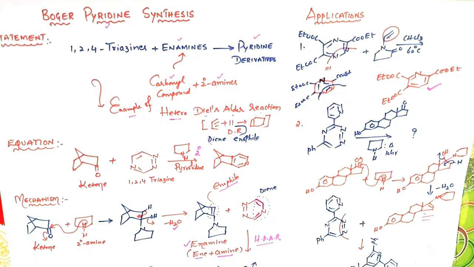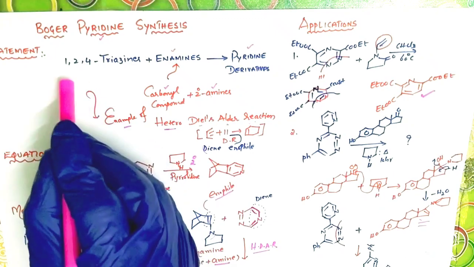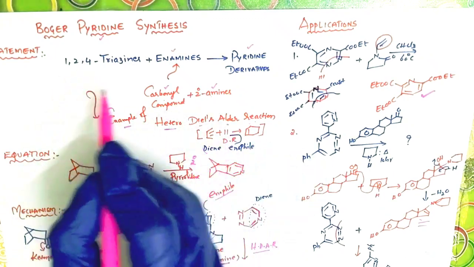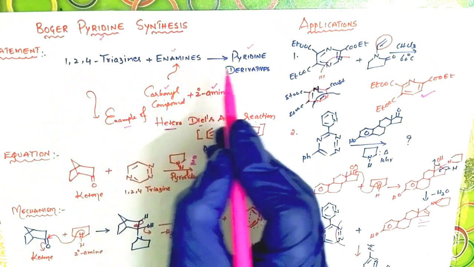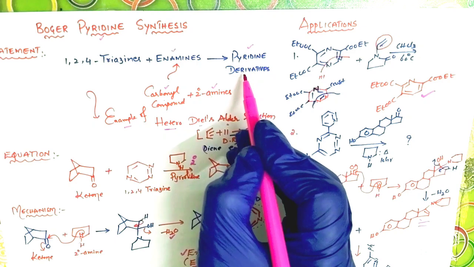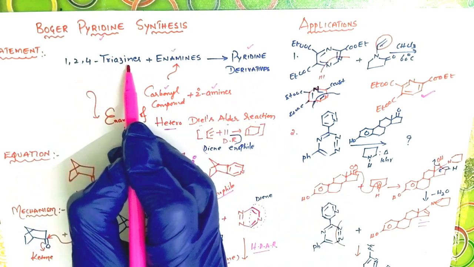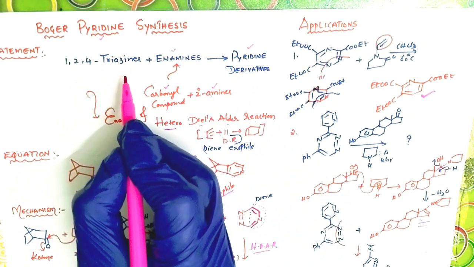Let's see the next name reaction, that is Boger pyridine synthesis. Let's see the statement. According to the statement, 1,2,4 triazines combine with enamines to produce pyridine derivatives. See, triazine. Azine means a nitrogen containing compound.